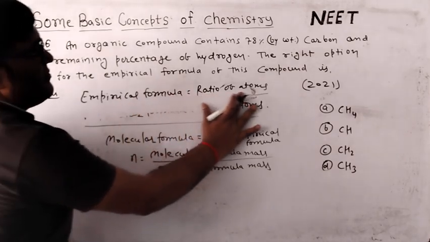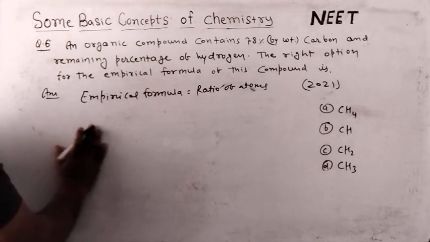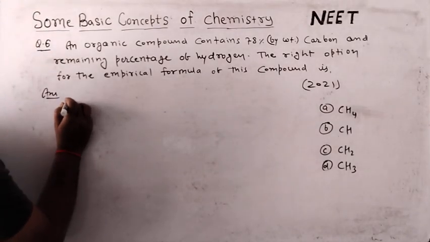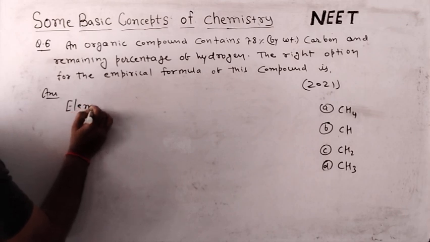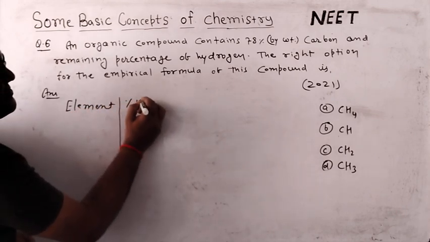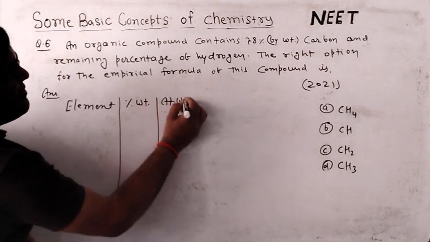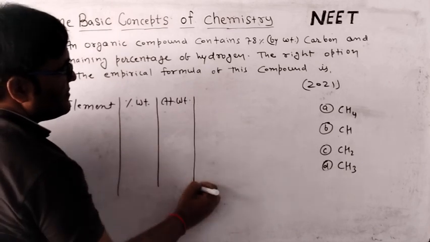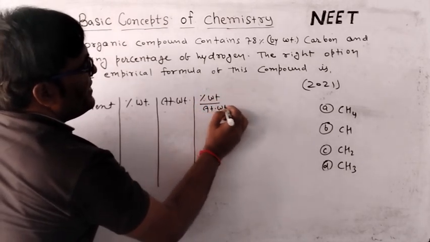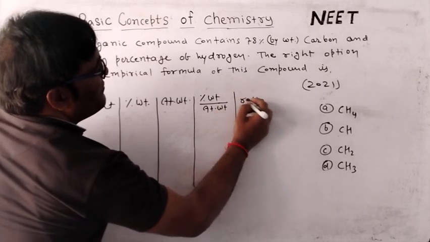Now, for calculation of the ratio of atoms according to the given data, I am going to solve this question by the tabular method. First, element, and second, percentage given weight of elements. After that, atomic weight of elements. After that, percentage weight divided by atomic weight of element, and last, ratio of atoms.